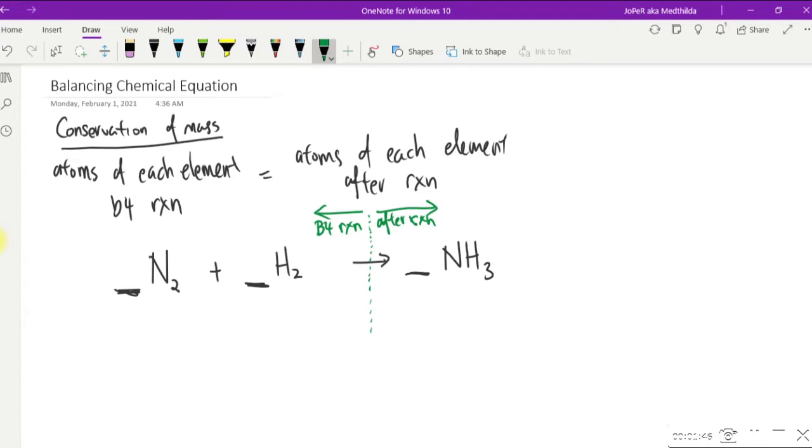So if you want to interpret this chemical equation, it's sort of like saying nitrogen reacts with hydrogen, and the product formed is NH3. Before the reaction, these are what we call reagents or reactants, things that react together. After the reaction, these are what we call the products.